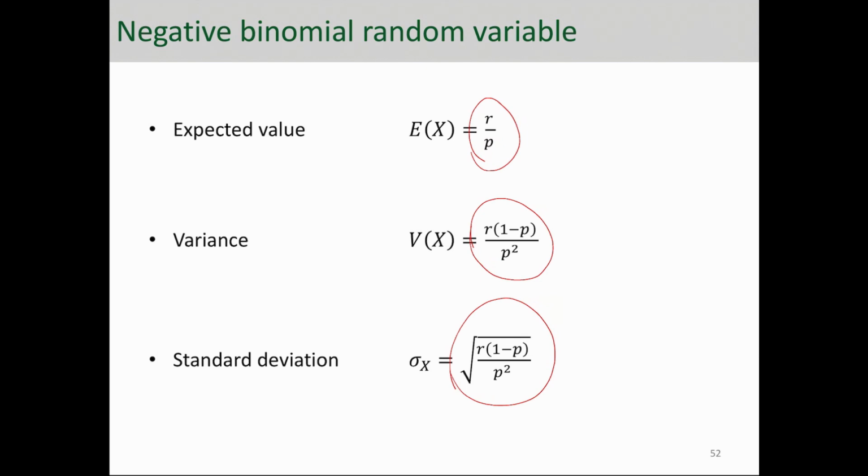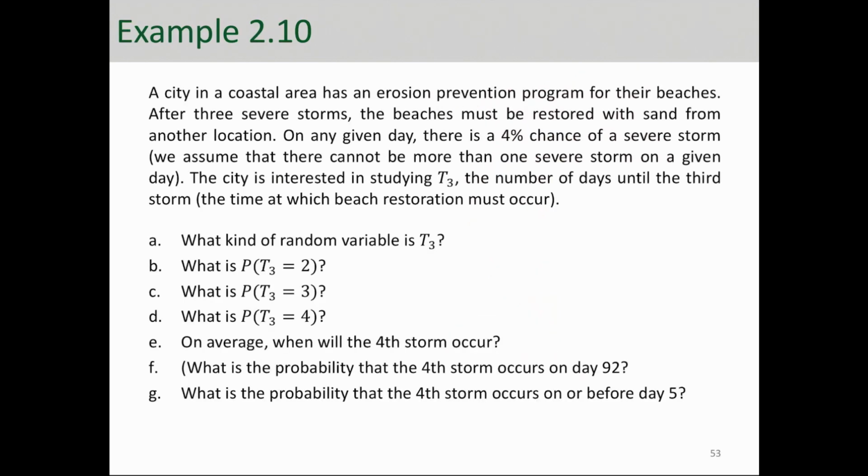If you remember, T sub r has a distribution of a negative binomial with parameters r and p. As long as you have those, which are most often given, you can calculate expected values, variance, and standard deviation. So let's take a look at one example here.